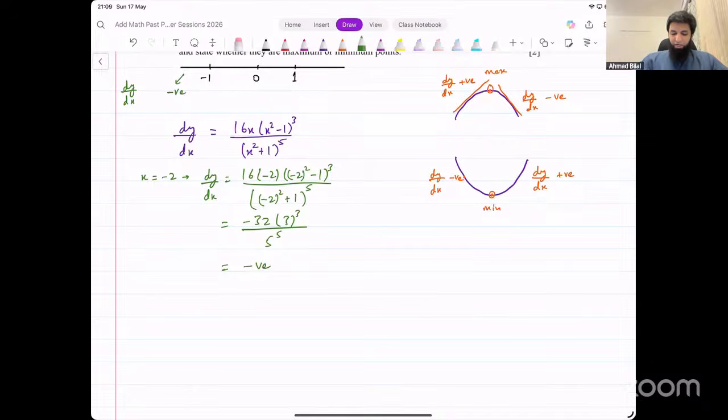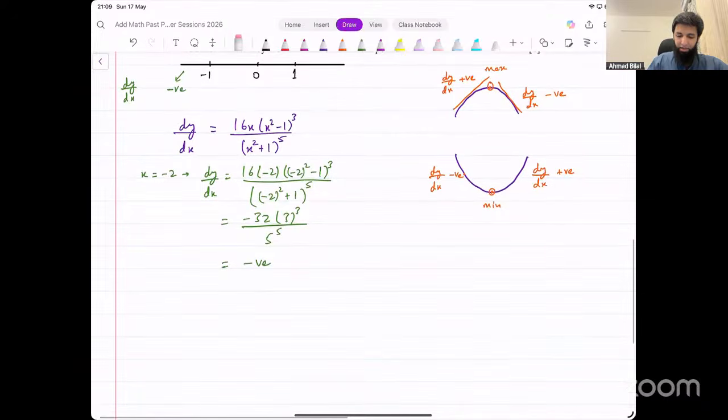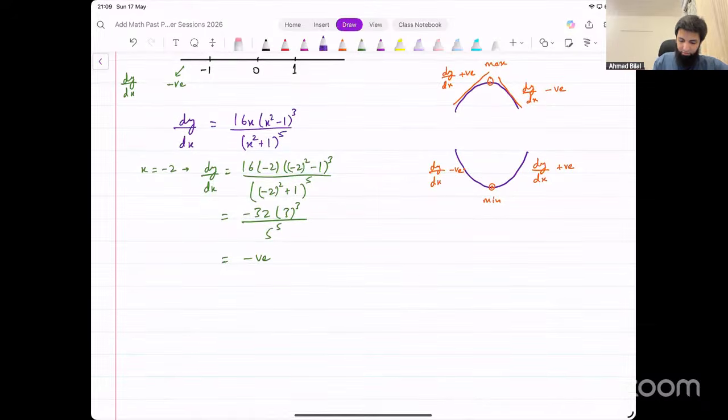Okay. Once we figured this out, let's see what happens between these two numbers. You can try maybe -0.5 and see what that gives us. x equals -0.5. Let's see what happens there. Again, all that matters for us is whether it's a positive number or a negative number.